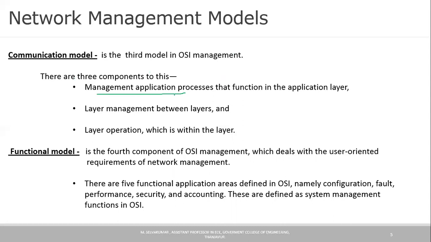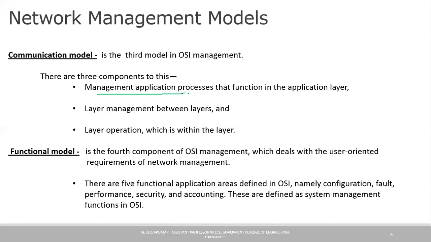This communication model will process the application that functions in the application layer. The OSI model comprises 7 layers, from the physical layer, data link layer, and so on up to the application layer. There are 7 layers there.